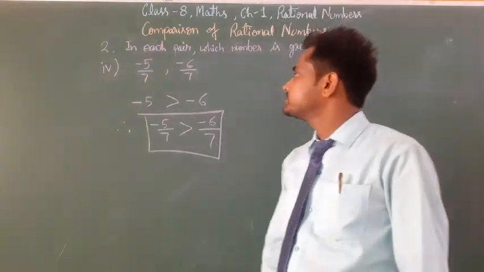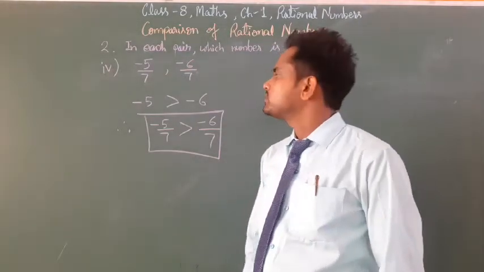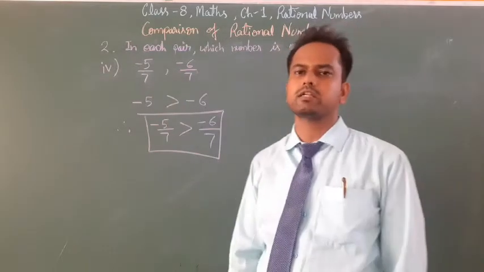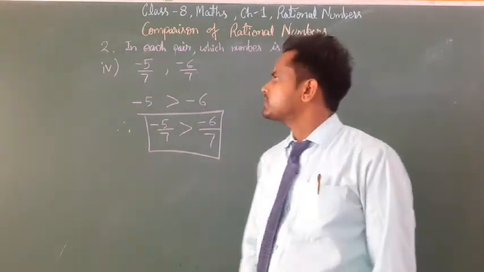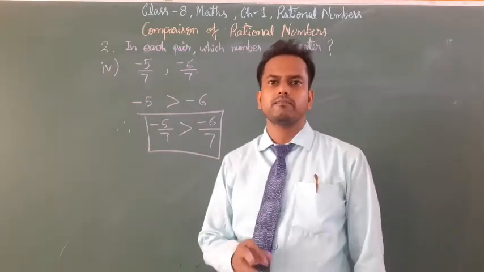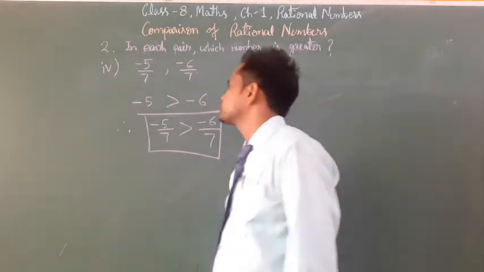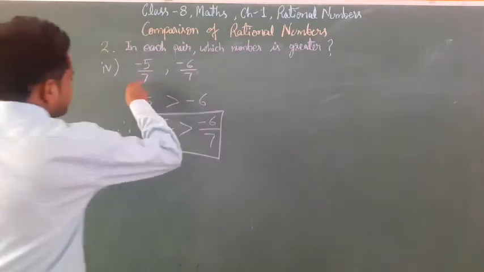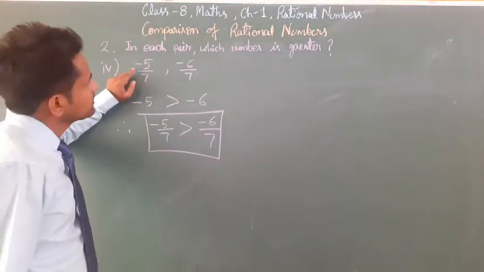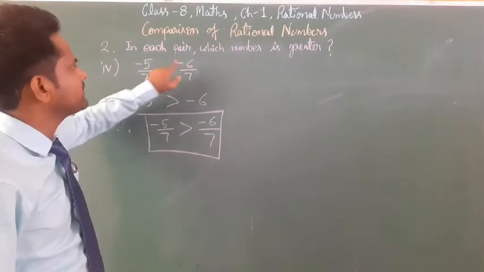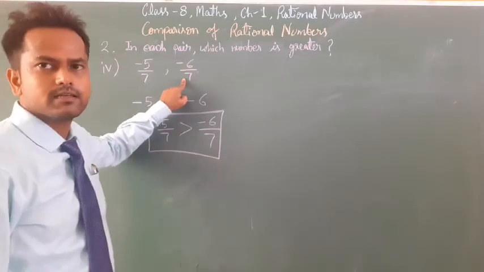And the rule is, if we compare two negative rational numbers, the one with the larger absolute value is always smaller. So here if we take the absolute value of minus 5 by 7, we get 5 by 7 and here 6 by 7.